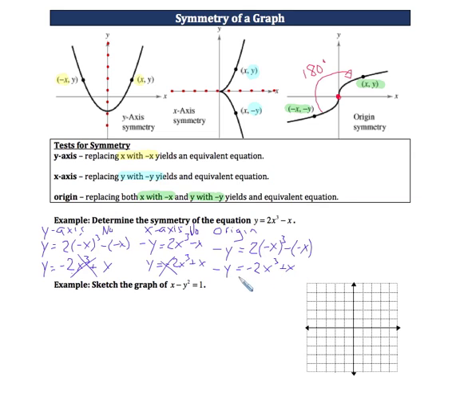And then distribute the negative. All right, and now we're going to check our equations. Is it equivalent to the first one? So when we're looking here, we get 2x cubed minus x. Those are the same, therefore this has origin symmetry.